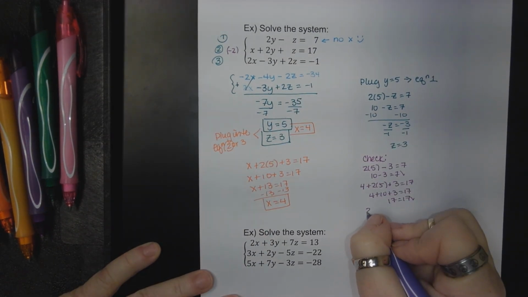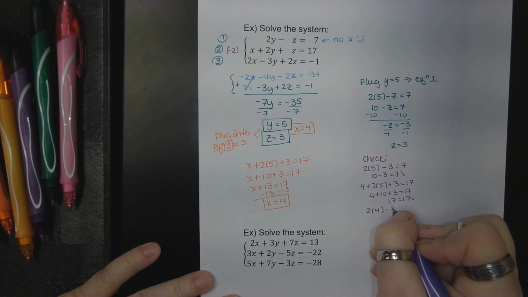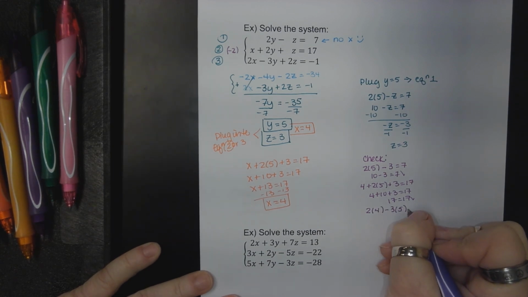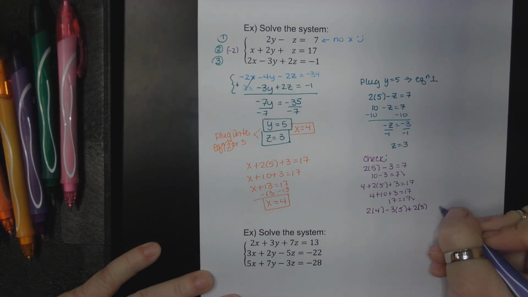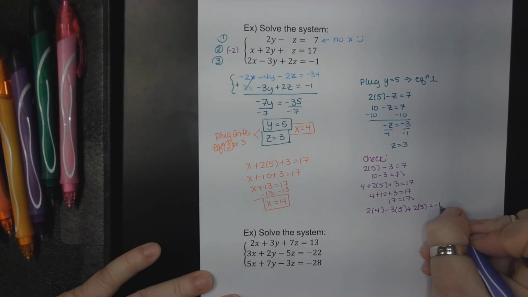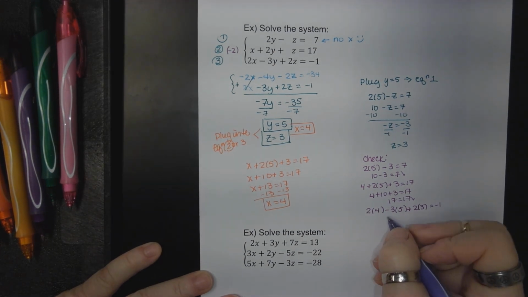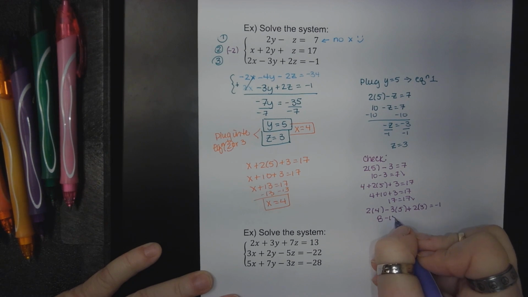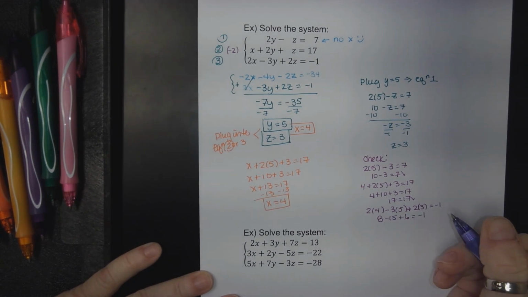Last one. 2 times x is 4, minus 3, y is 5, plus 2 times 3, that's a parenthesis, sorry, equals -1. 2 times 4, 8, minus 15, plus 6 equals -1.